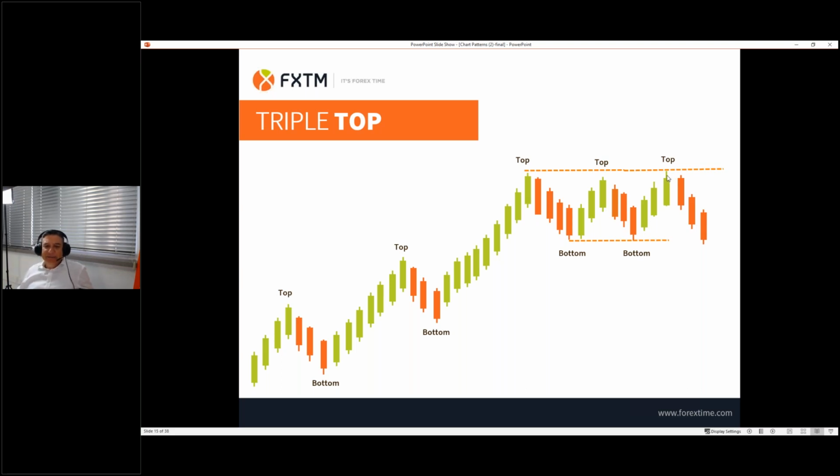It's not really needed. And then the three tops will create two bottoms. And when the price falls below the two bottoms, then we have what is called a triple top reversal. And this signals the end of the uptrend and the beginning of a new trend in the opposite direction, which is, of course, yes, you guessed it right, the beginning of a downtrend.